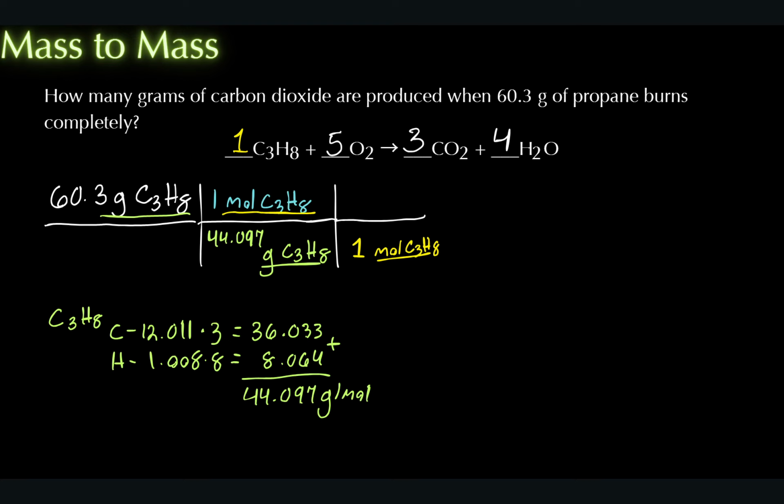Now, we are wanting to convert our C3H8 to our CO2, so on top will be our moles of our CO2. Looking at the balanced chemical equation for that mole ratio, it should be 3, with that 3 coming from that coefficient. So our 3 moles of our CO2.